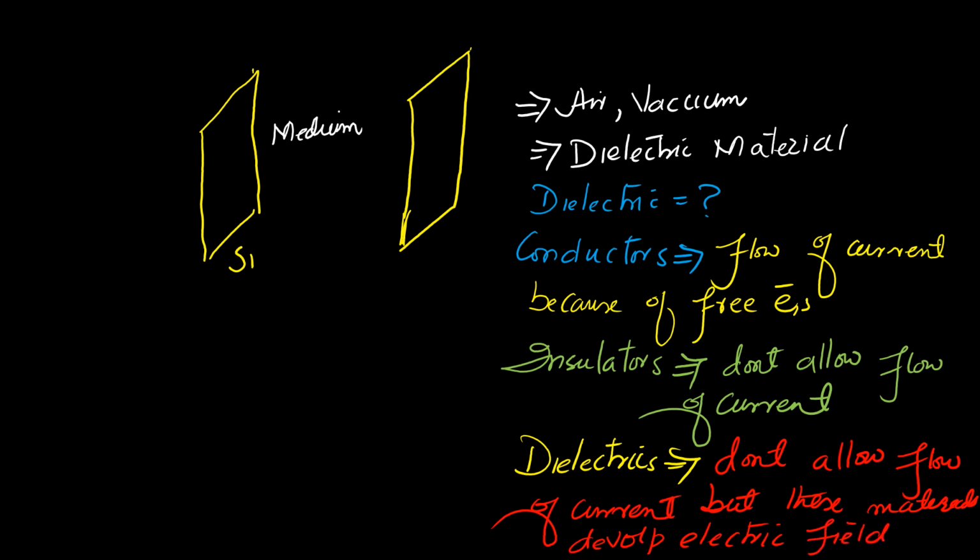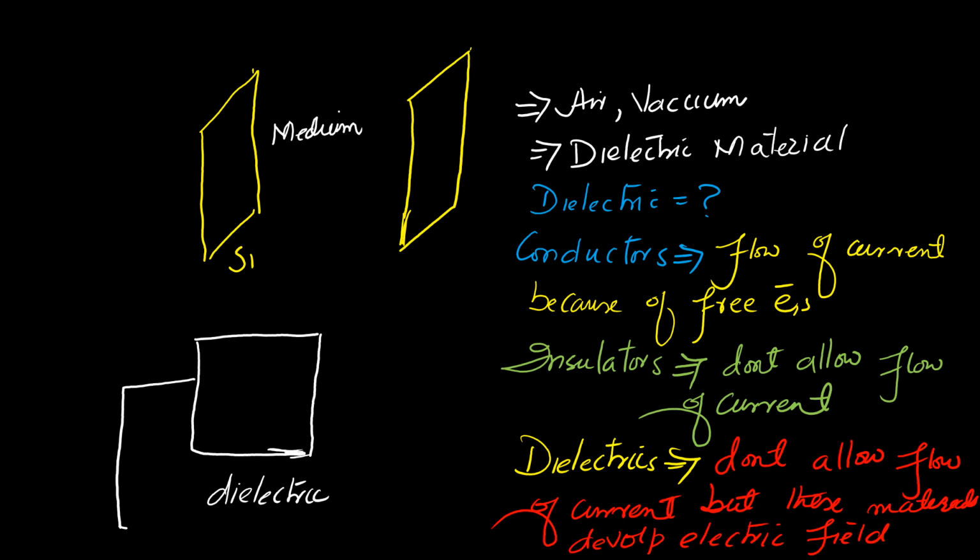So suppose this is a dielectric material, and whenever a potential difference is applied on the dielectric material, suppose it is connected with a battery, with plus and negative terminals, this dielectric material will not allow the flow of current.